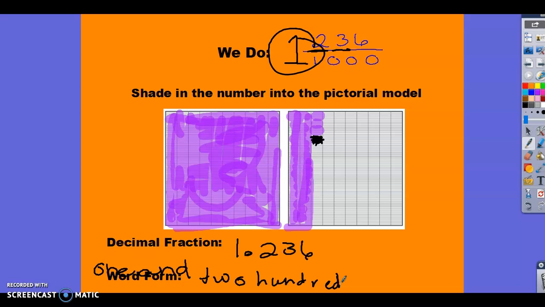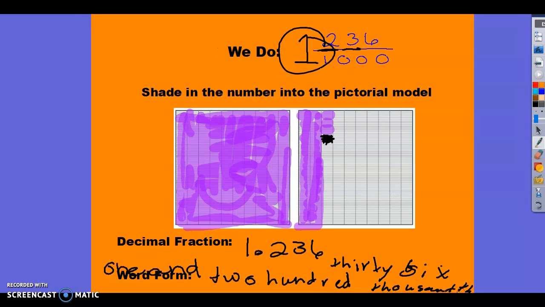And I'm going to try to not run out of room. 36, and that is thousandths. And I ran out of room. Okay. Thousandths.